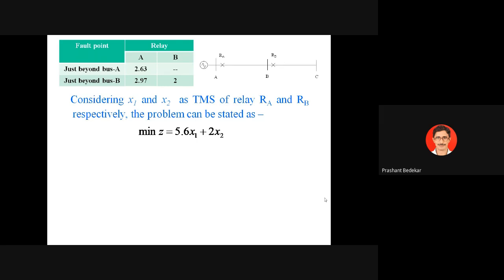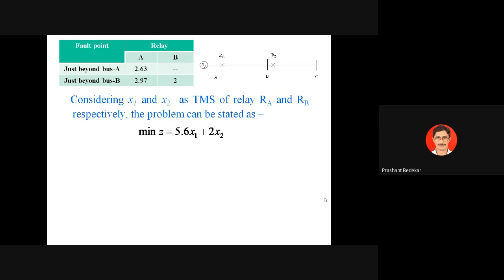From where did I get this 5.6? 5.6 is the sum of the constants for relay A, 2.63 plus 2.97, which results in 5.60. So 5.60 into X1, A1 into time multiplier setting 1, plus A2 into time multiplier setting 2.